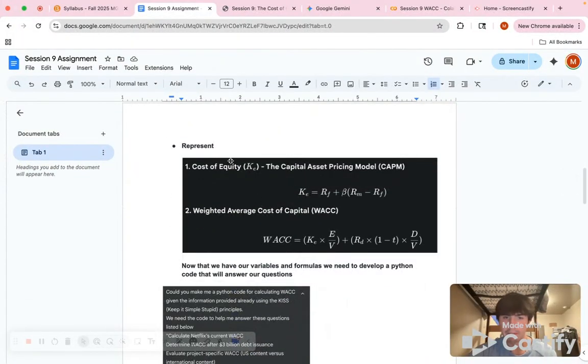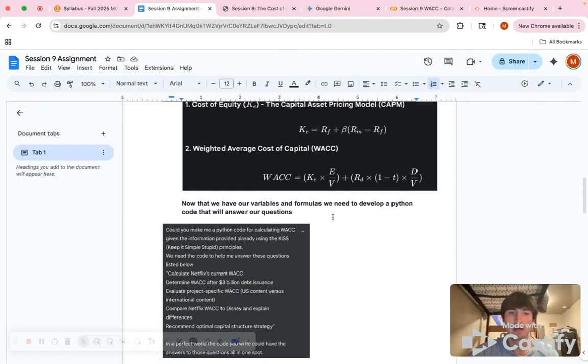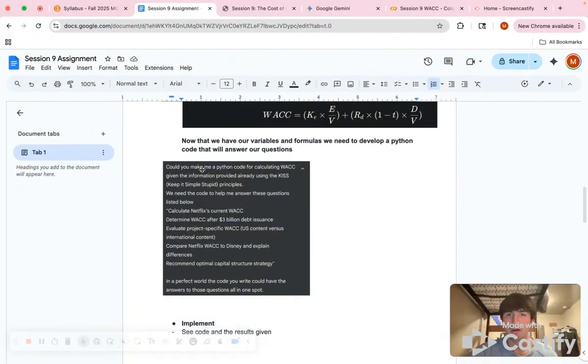So to represent, we needed to get the formulas for those. So we have those right here. And now we have the formulas and the variables, we needed to put that into Python code. For my represent, I show my prompt to the Gemini that helped me.